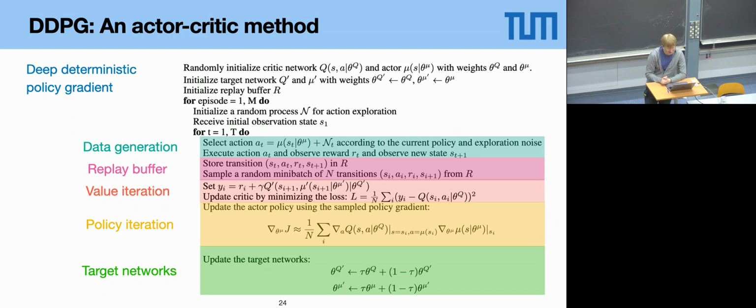But I hope you can recognize that this is policy iteration that's happening here. And at the end there's something else we don't know about: these target networks. But that's basically how you can try to understand even more complicated algorithms, by looking out for these value iteration and policy iteration steps.